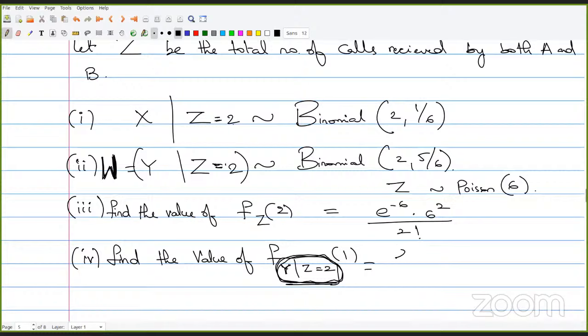Now I simply need f_W(1), where W follows binomial 2 comma 5 by 6.